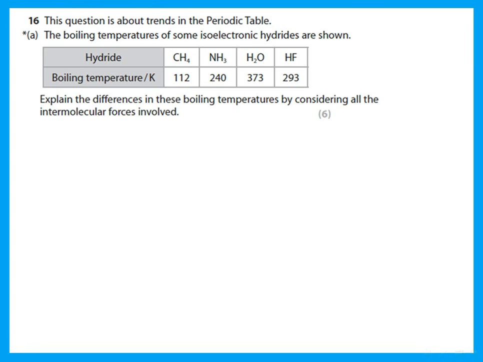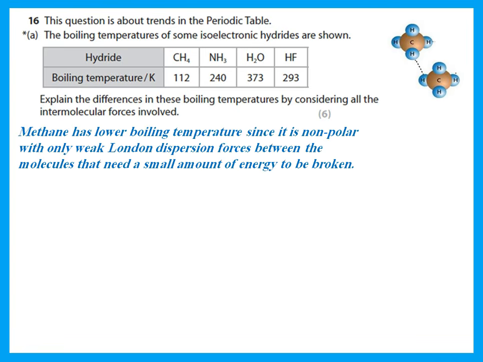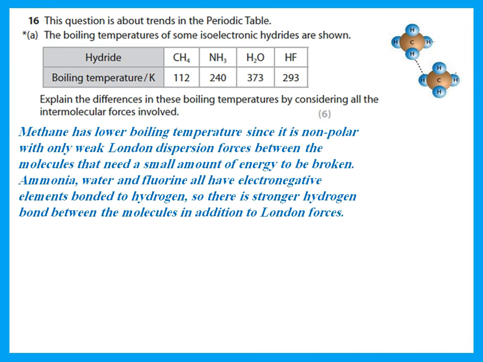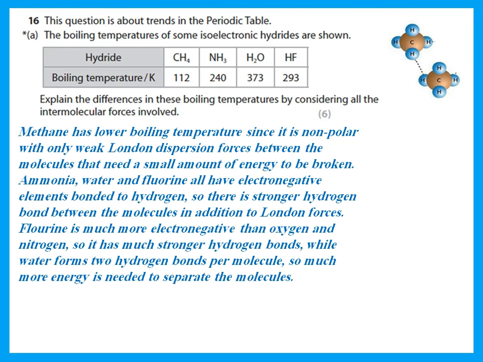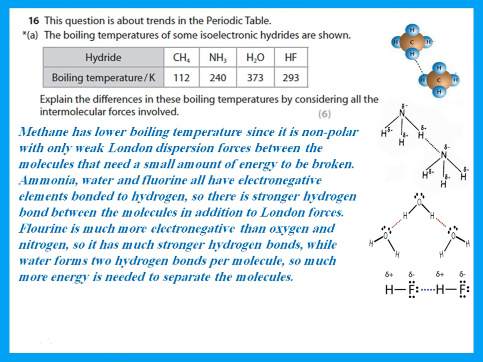Let's look at methane. Methane is just a simple molecular structure, non-polar, so it has only weak London dispersion forces between the molecules, and this needs a small amount of energy to be broken. Now, looking at the others, you'll find that ammonia, water, and HF, they all have electronegative elements bonded to hydrogen, so the ammonia and the water and the HF can form hydrogen bonds.